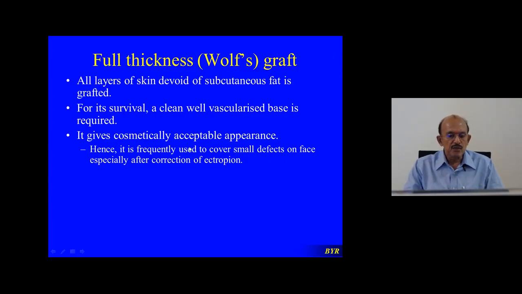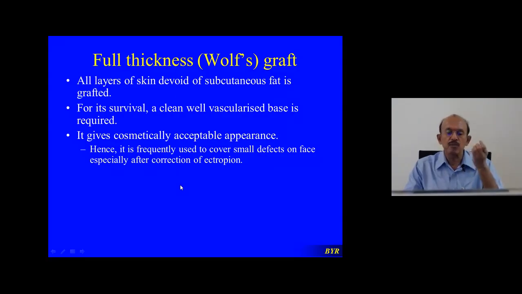The full thickness graft is taken as a free graft. It is not with its blood supply. Because you are taking it as a free graft, for its survival it needs blood supply. So if it is a large one, it can't survive. A small one placed over a very vascular area will survive because of that high vascularity.